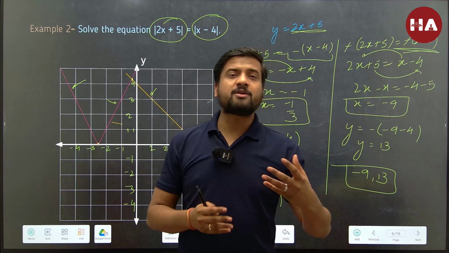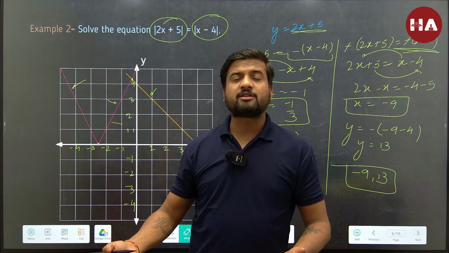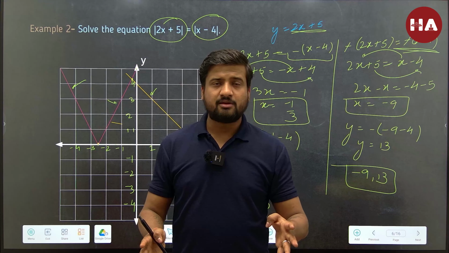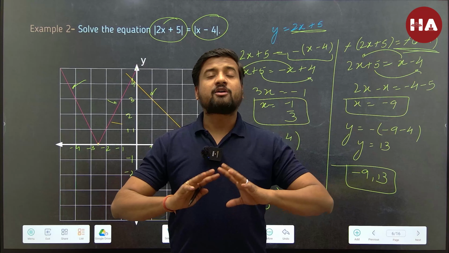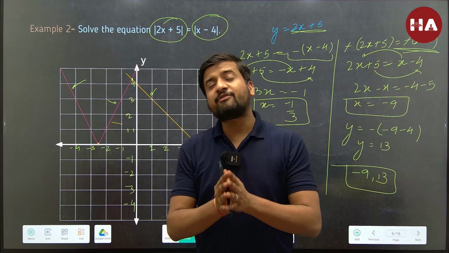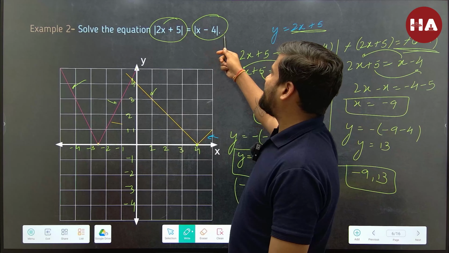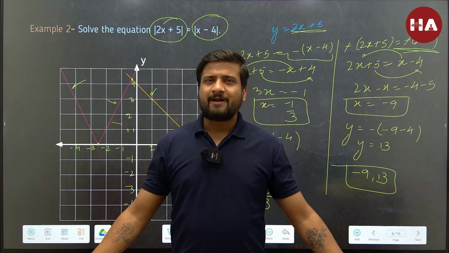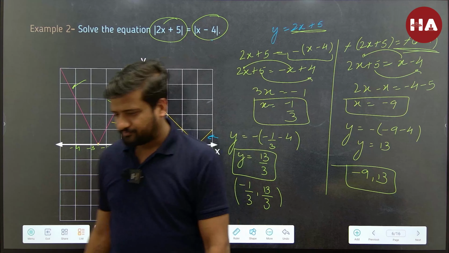Because when you open a modulus sign, you get a plus minus on the left hand side, you'll get a plus minus on the right hand side. So basically you will be solving 4 cases, and that will be very confusing. So that's why we will always avoid using the algebraic method whenever we'll be dealing with such cases. All right, so please note it down.